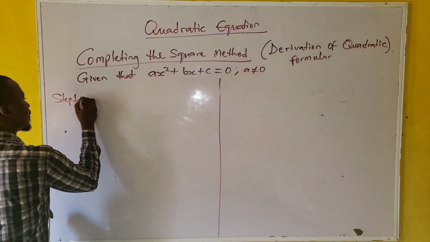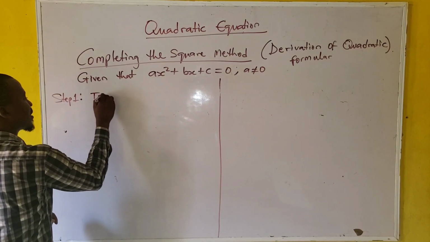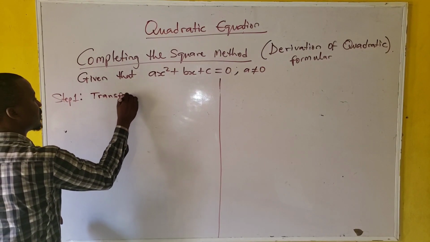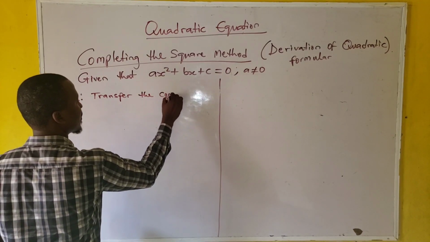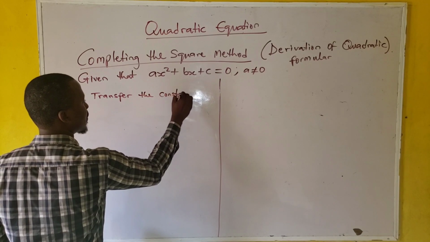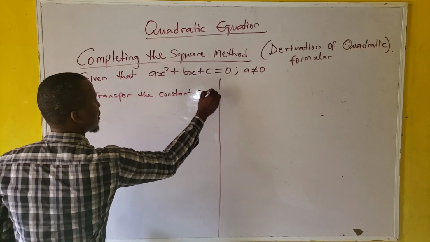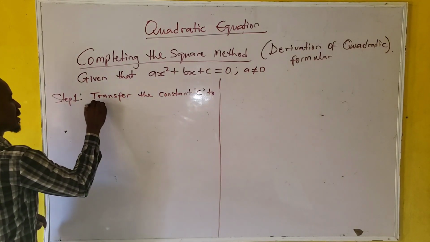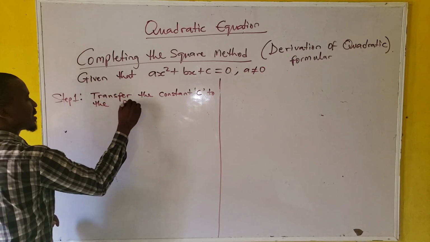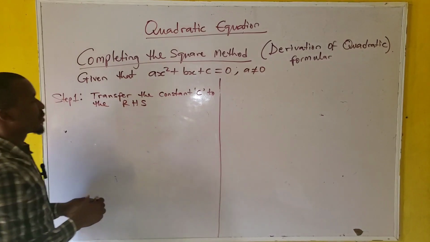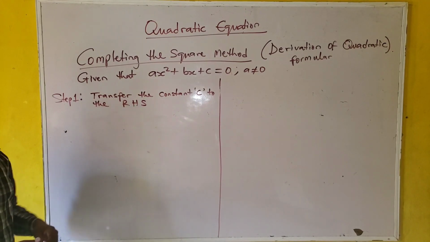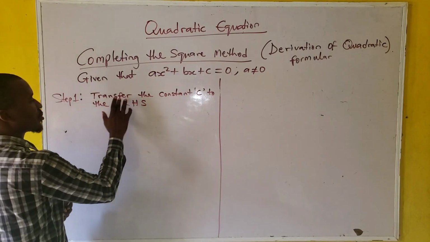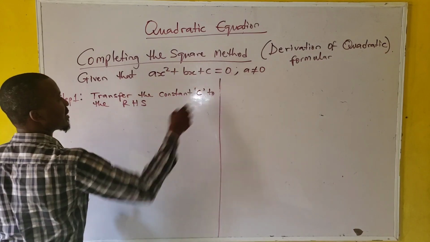So, transfer the constant c to the right hand side. I will be writing it in words, then I will do it mathematically.